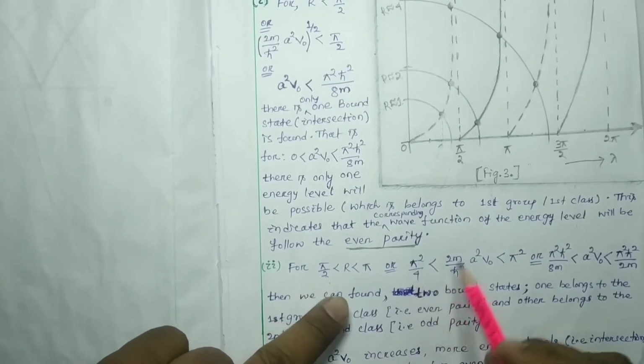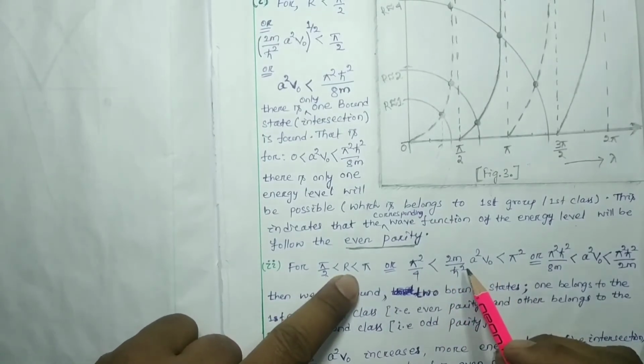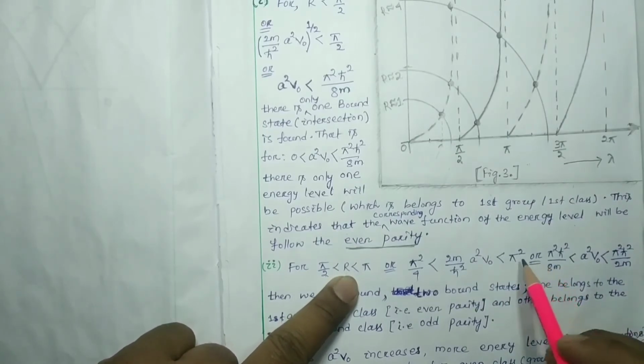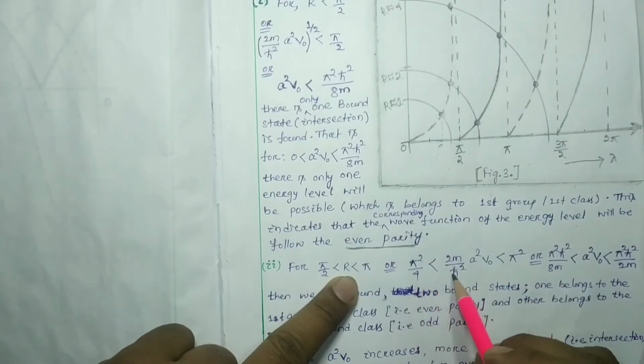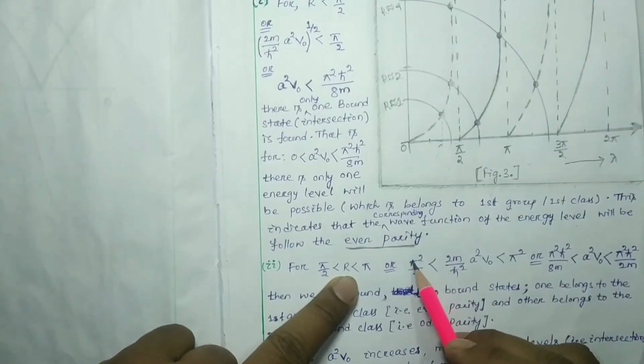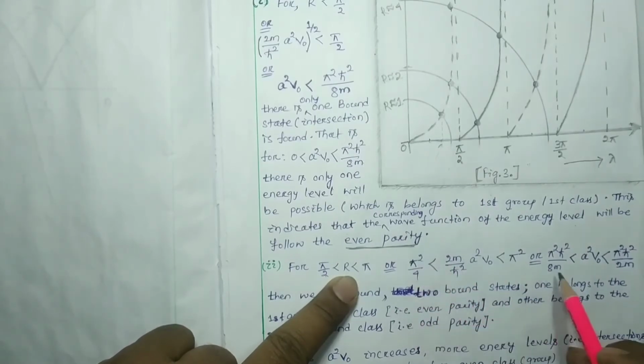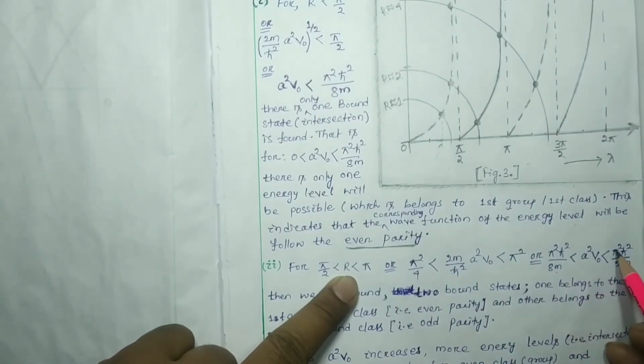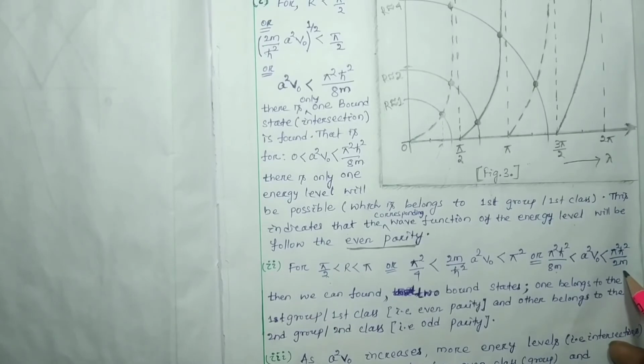This will be pi square by 4, less than pi square, and we multiply by h square by 2m. So it will be pi square h cross square by 8m less than a square v0 less than pi square h cross square by 2m.